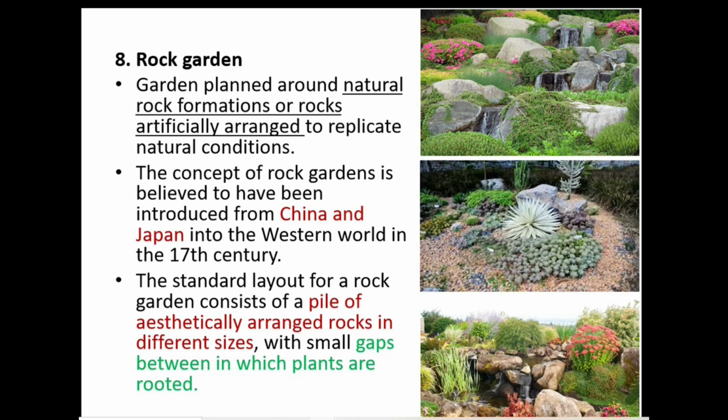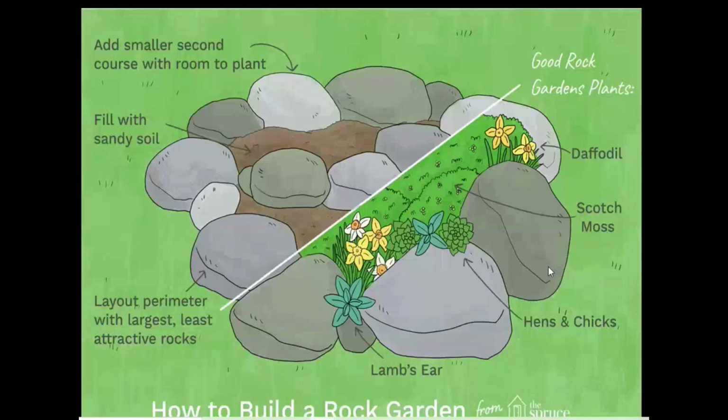If the land is uneven and you think you can't do anything with that land, maybe you can convert that into a rock garden. Again the beauty will increase and you will get aesthetic value and mental peace from those gardens. So this is about rock garden.